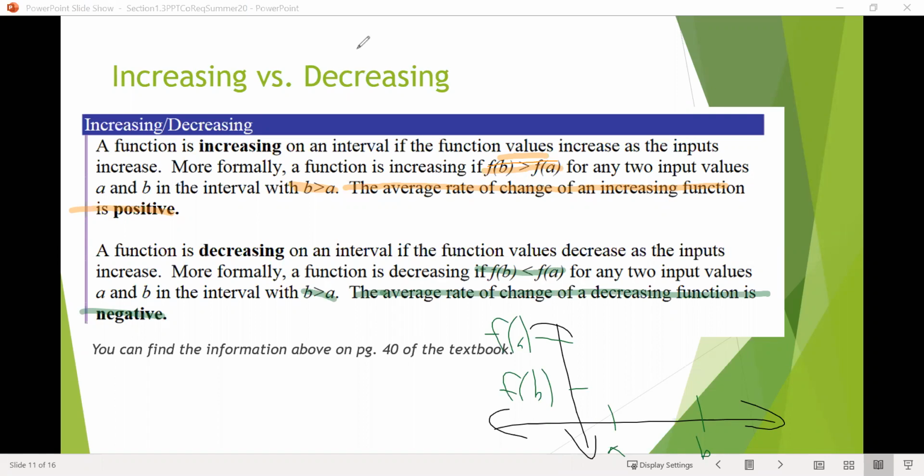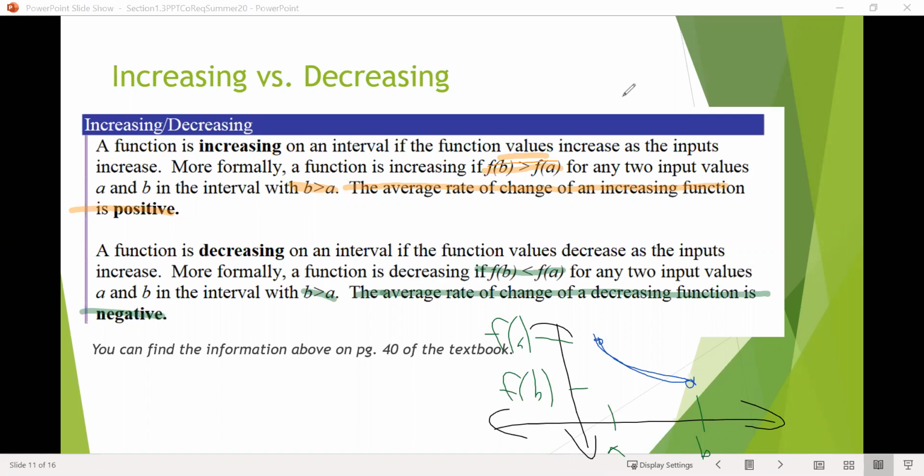If we now connect the dots between a, f of a, and b, f of b, notice that the graph now goes down from left to right. So if a graph goes down over an interval, that means the function is decreasing on that interval.